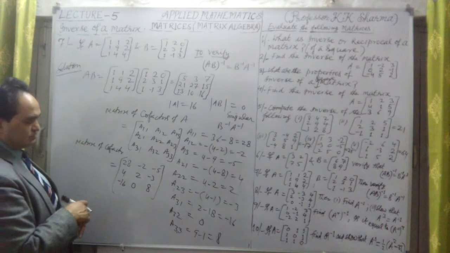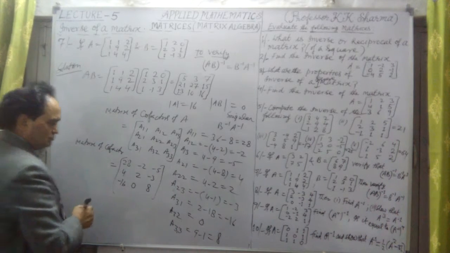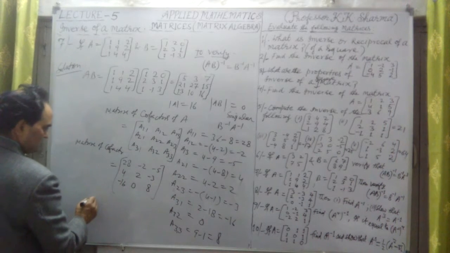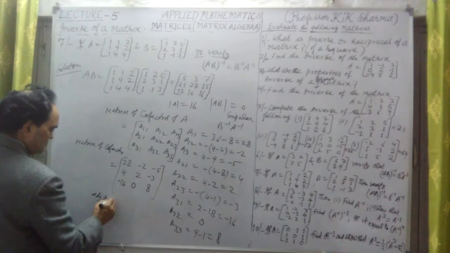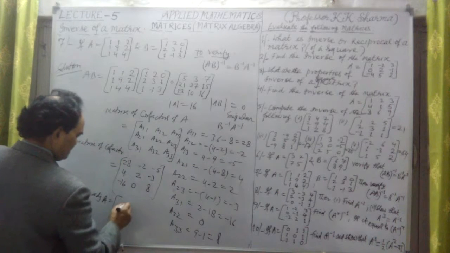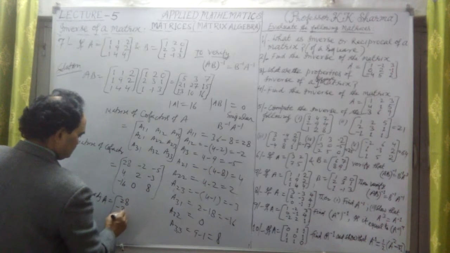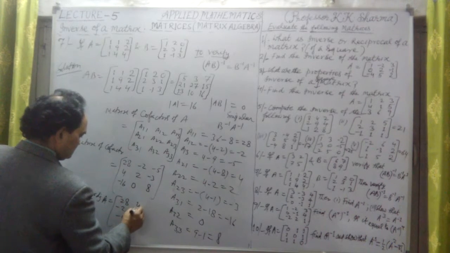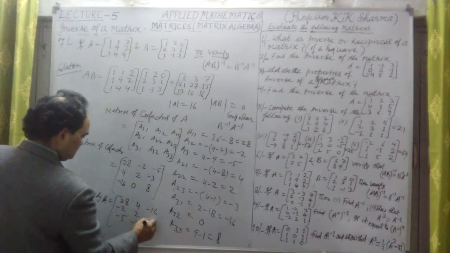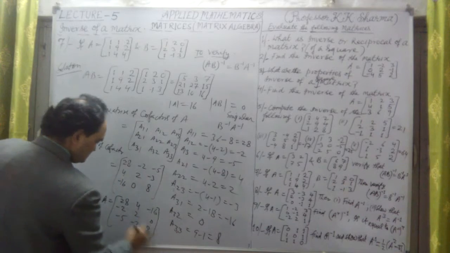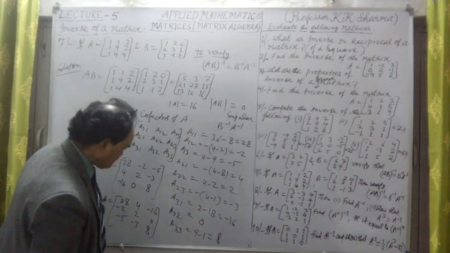This is the cofactors matrix. Therefore, the adjoint of A is the transpose of this. That is 28, minus 2, minus 5; 4, 2 and minus 3; minus 16, 0 and 8. This is the adjoint of A.